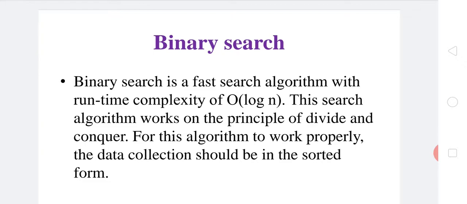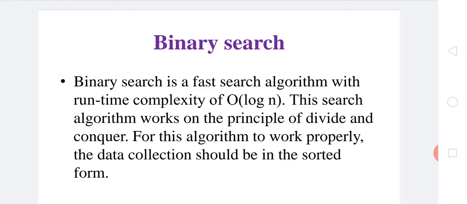If the middle item is greater than the item, then the item is searched in the sub array to the left of the middle item. If the search element is less than the middle element, then we can search at the left side of the array.